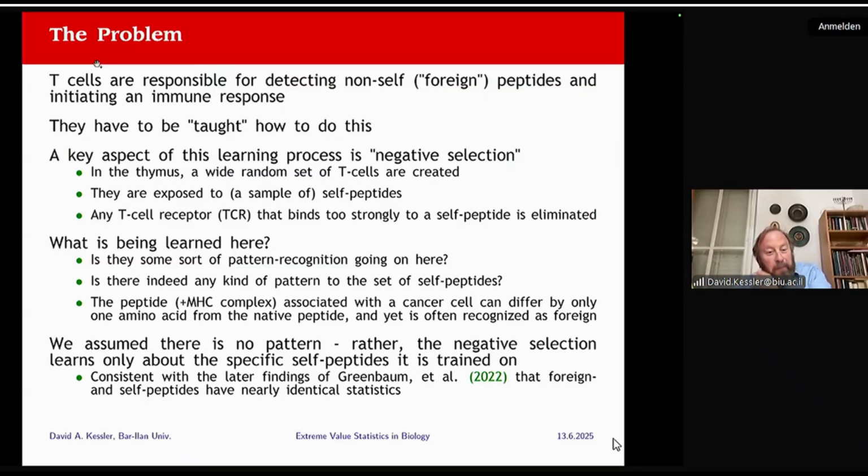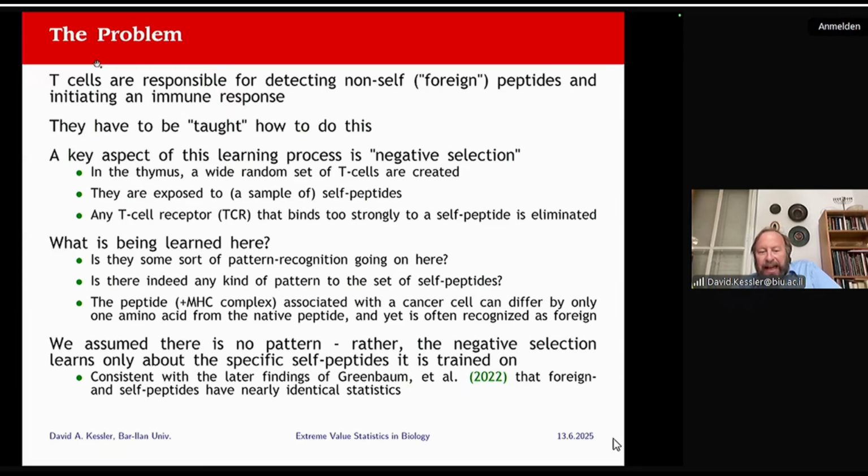There's been a lot of work in trying to lay out the steps and how this all works. Part of the process, as the biologists have told us, is called negative selection. In the thymus, you generate a wide random set of T cells, and then they're exposed to not all the self-peptides, because there are just too many, but a fairly rich sample of them.